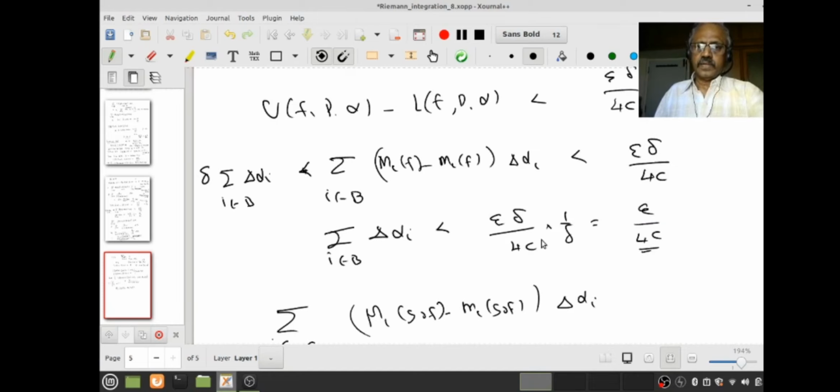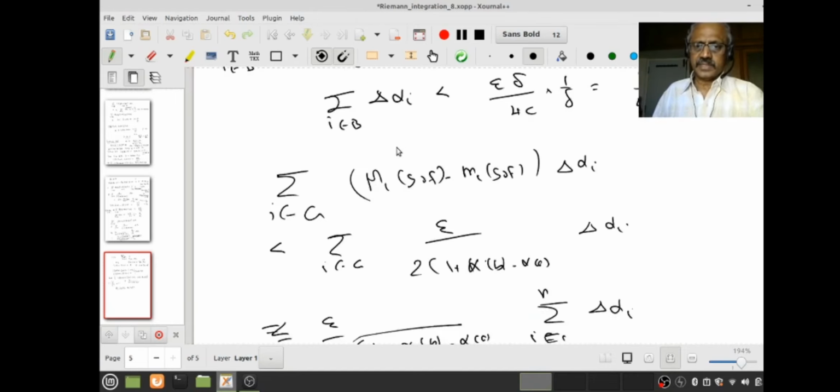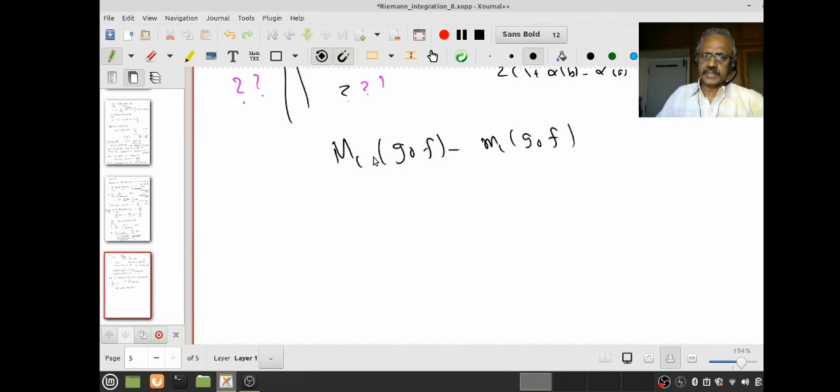I wrote a strict inequality, but then there is another strict inequality, so do not worry about that. Are you happy? This is a very trivial thing. This has nothing to do with function or anything.